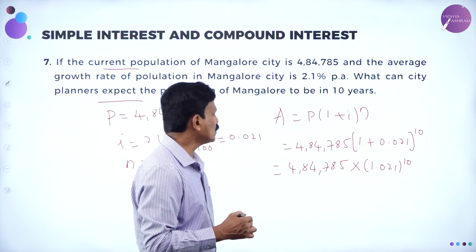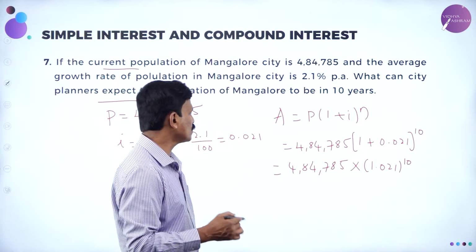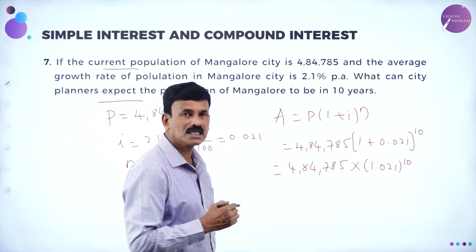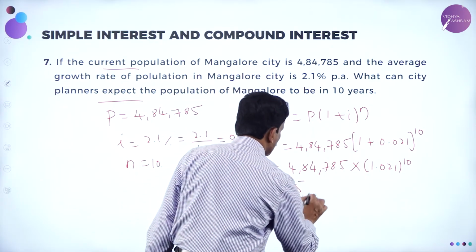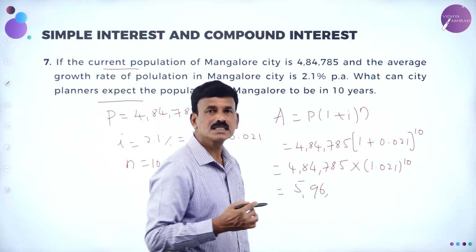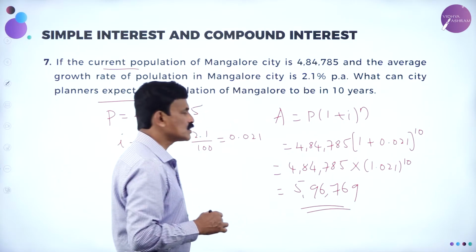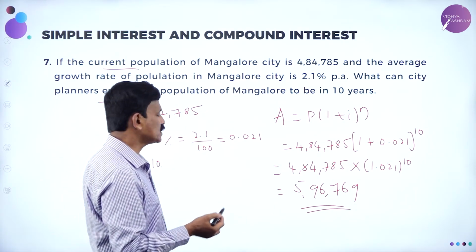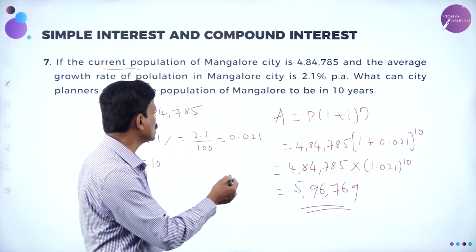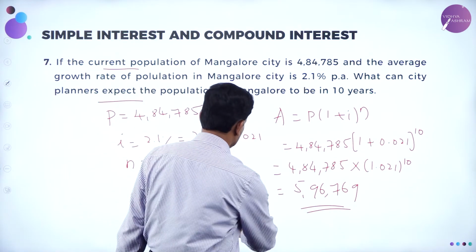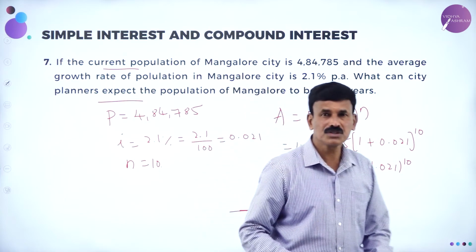If you multiply this, the answer you are going to get is 5,96,769. So after 10 years, the population of Mangalore city will be 5,96,769. That's it. This is how we are going to calculate.